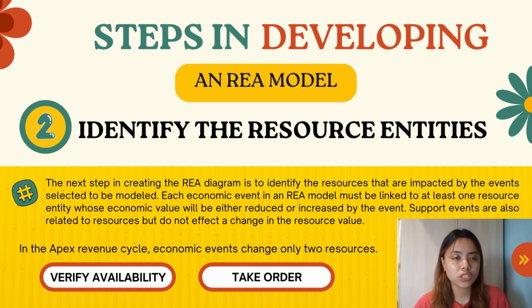Similarly, the cash resource is increased as a result of this event, representing the monetary flow from the sale. While the support events verify availability and take order are linked to inventory, they do not directly affect its value. Instead, these events provide information and commitments without causing changes to the resource.